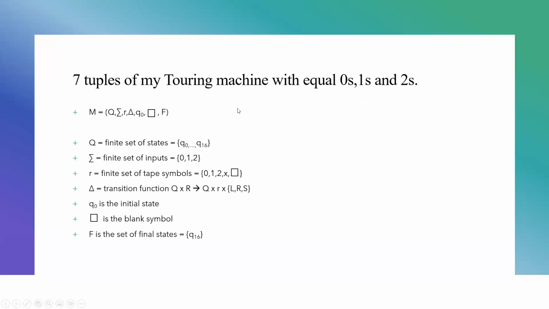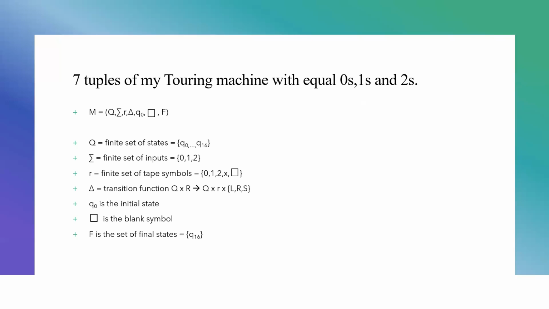So here is the 7-tuple of the Turing machine that I created for equal zeros, ones, and twos. M equals Q, Sigma, Gamma, Delta, Q0, blank space, and F. Where Q is the finite set of states, Q0 to Q16. Sigma is the finite set of inputs, 0, 1, 2.